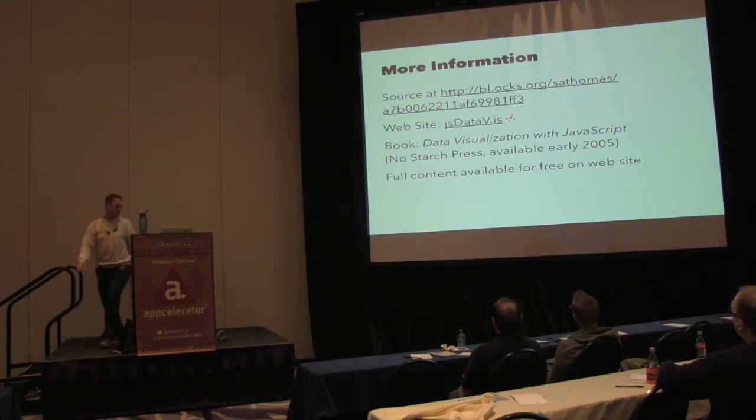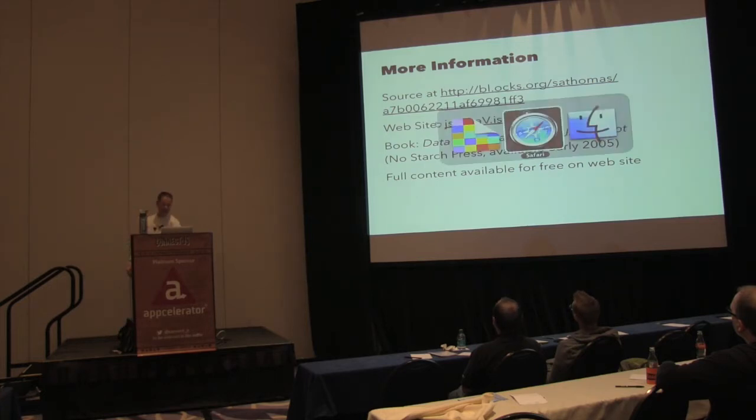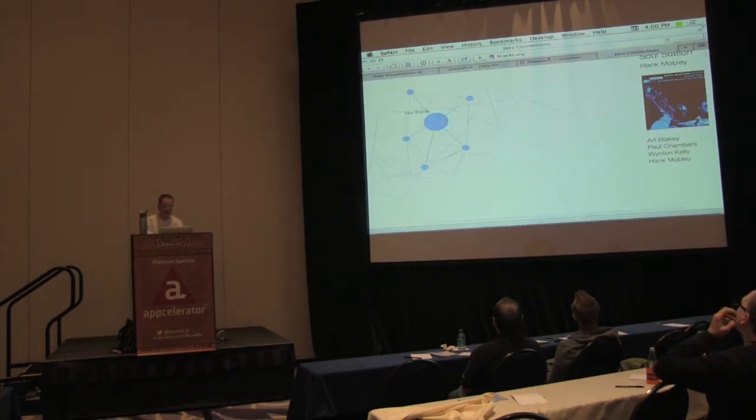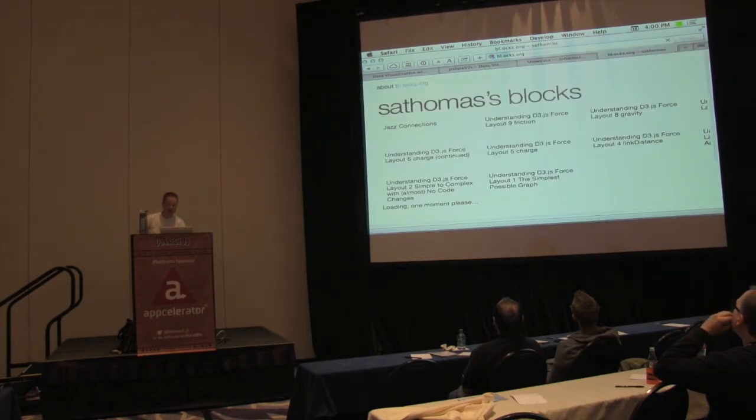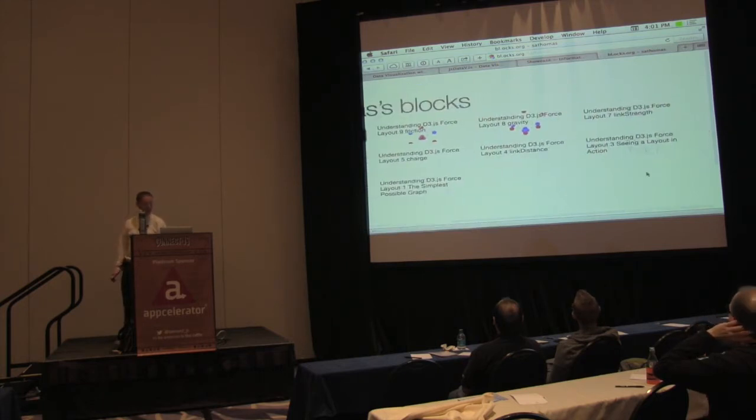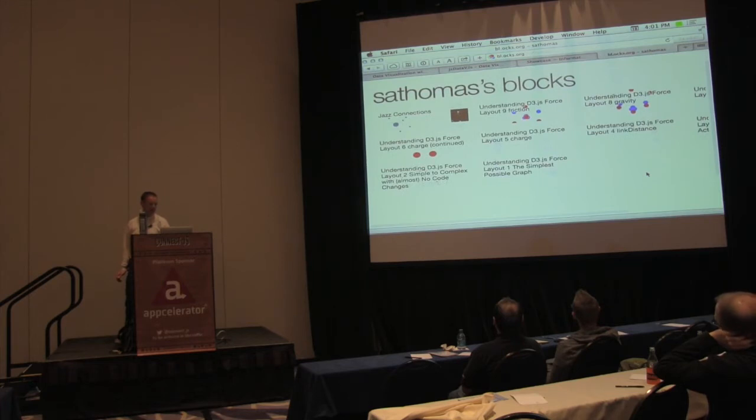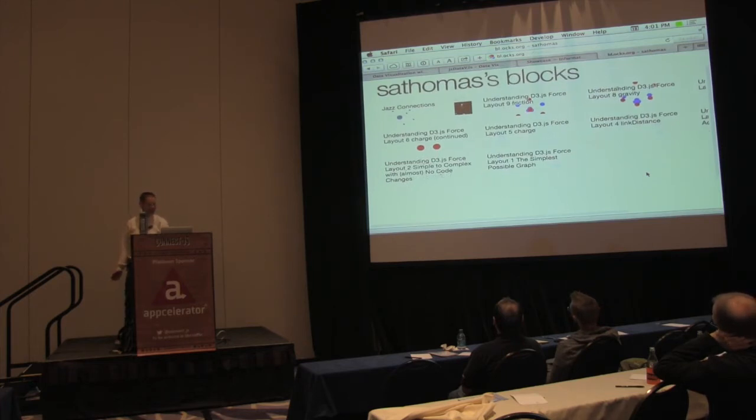If you want to get into D3, it turns out to be a really handy site in general. You can access it via username, and it will give you all of that user's GISTs that are set up for D3. And you can see these are mine, and there are several of them in there.